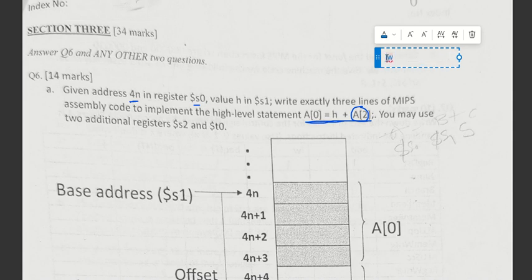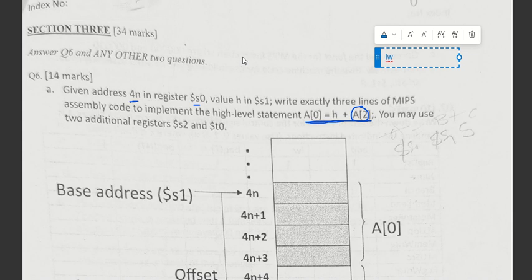With the base address in memory, realize that the base address is stored in $S0, so we have to access it.